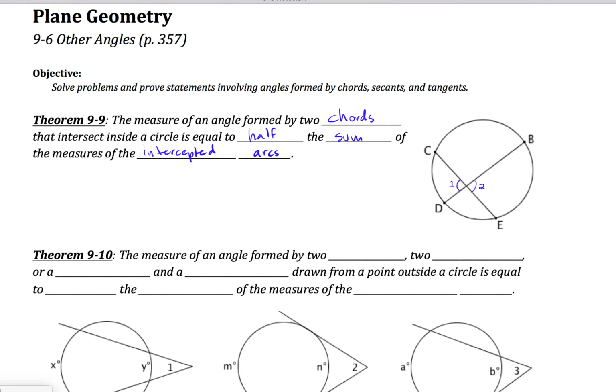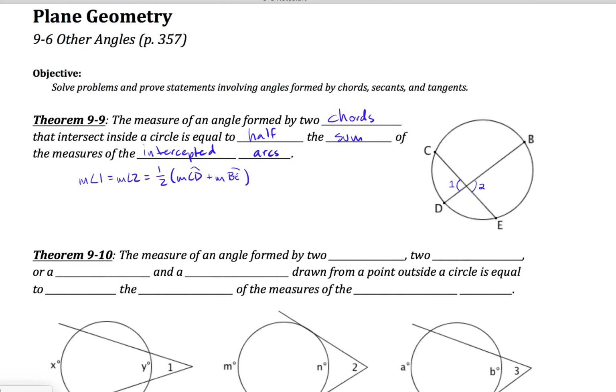So according to theorem 9-9, the measure of angle 1, which would be equal to the measure of angle 2, either one of those would be 1/2 of the measure of arc CD plus the measure of arc BE.